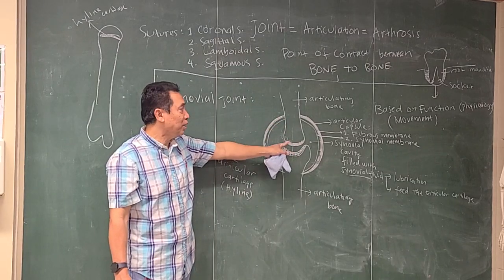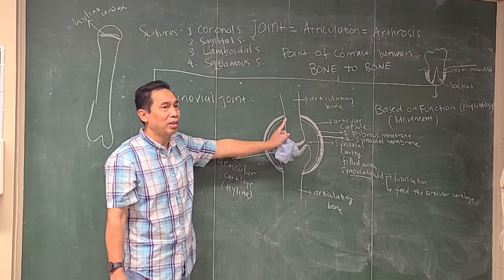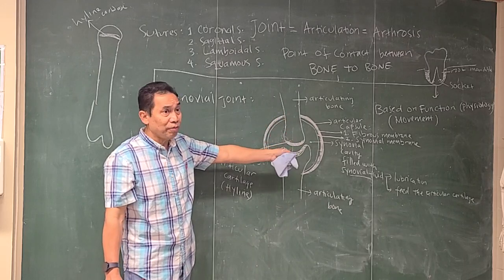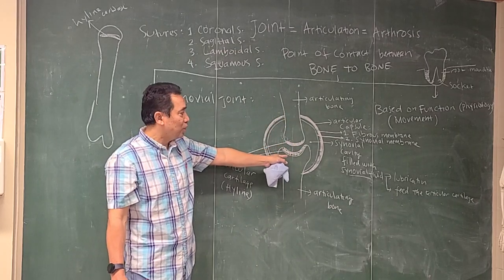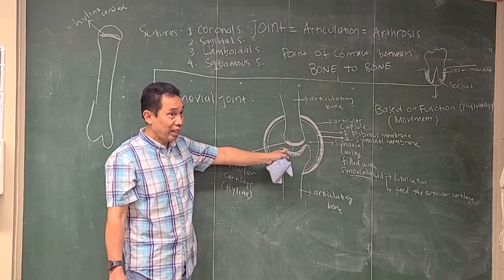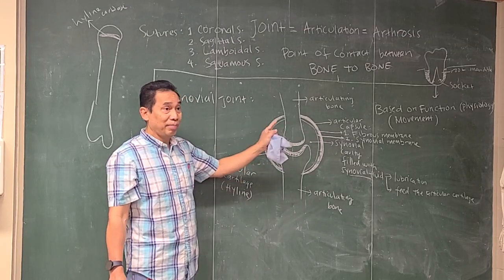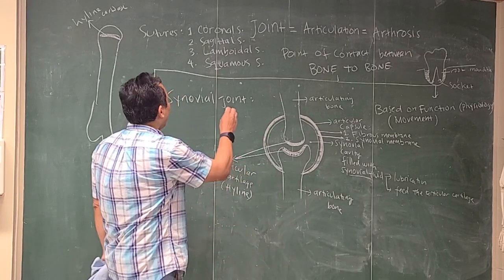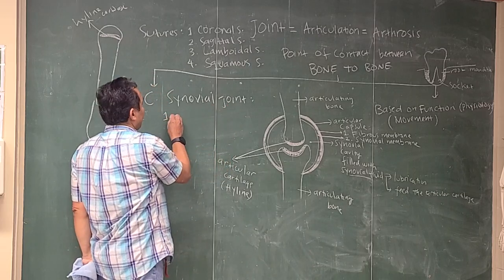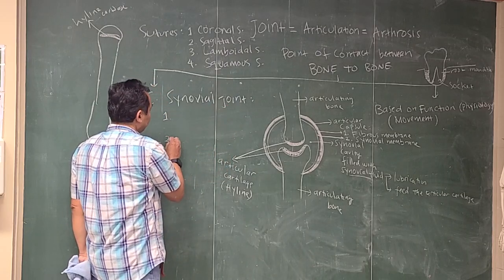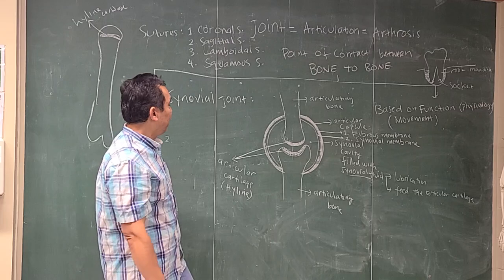So all synovial joints will look like this. We'll have a synovial cavity with the synovial fluid, and the function of synovial fluid is to feed this, lubricate, and also there is a capsule. Get it? Now, types. There are several types of synovial joint.